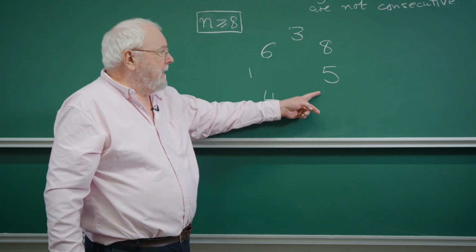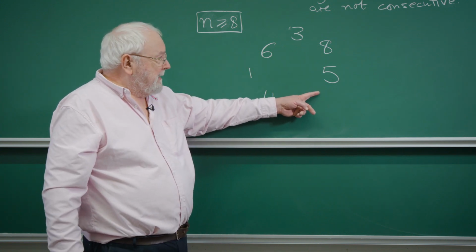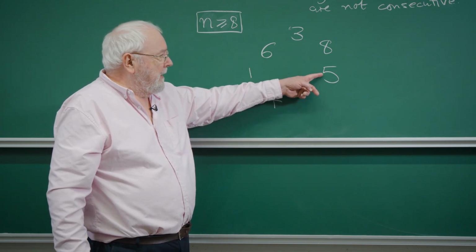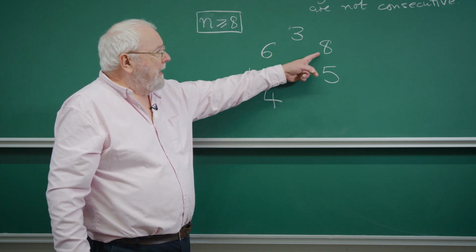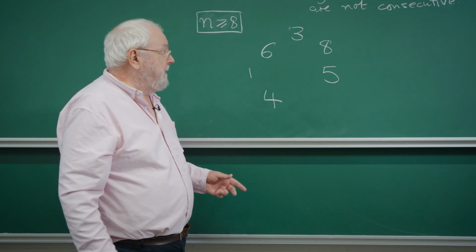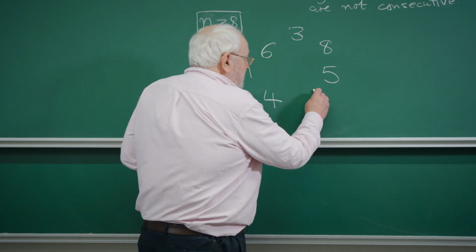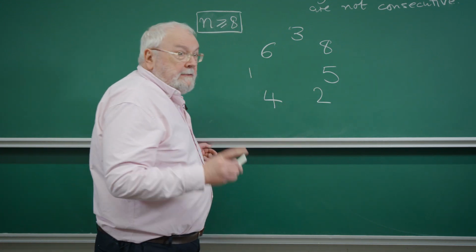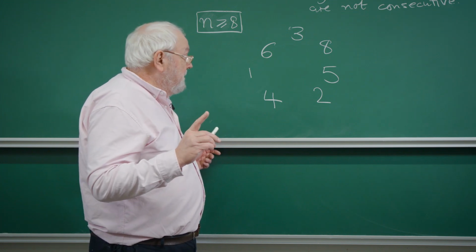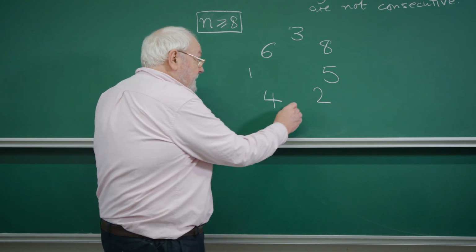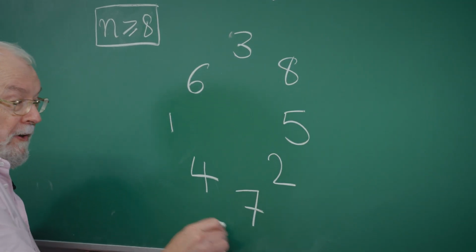What about this number here? It must be even because it's a neighbour of 5, and it can't be 4, 6, or 8. So it has to be, the only number left, 2. And now there's only one number remaining, and that's 7. Does it work? If I put it there, are these of opposite parity?